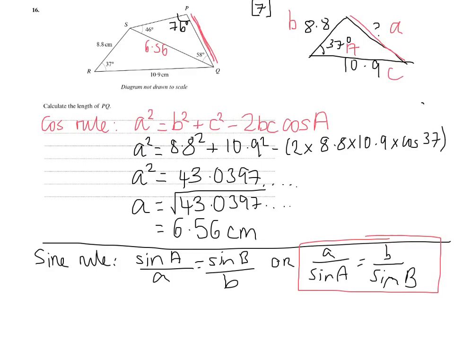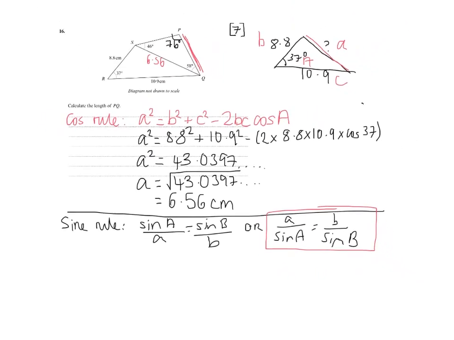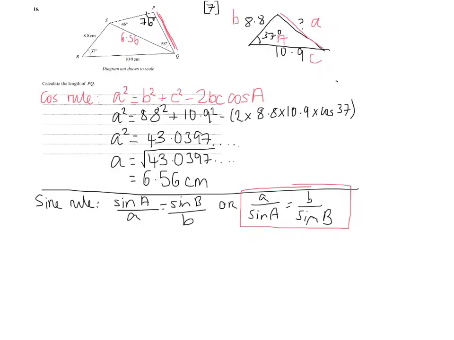I now just need to plug the numbers into the sine rule. Let's draw the triangle that I'm using, just to make things clearer. This length is 6.56, this angle is 46, this angle is 58, and this line here is the one that I want.